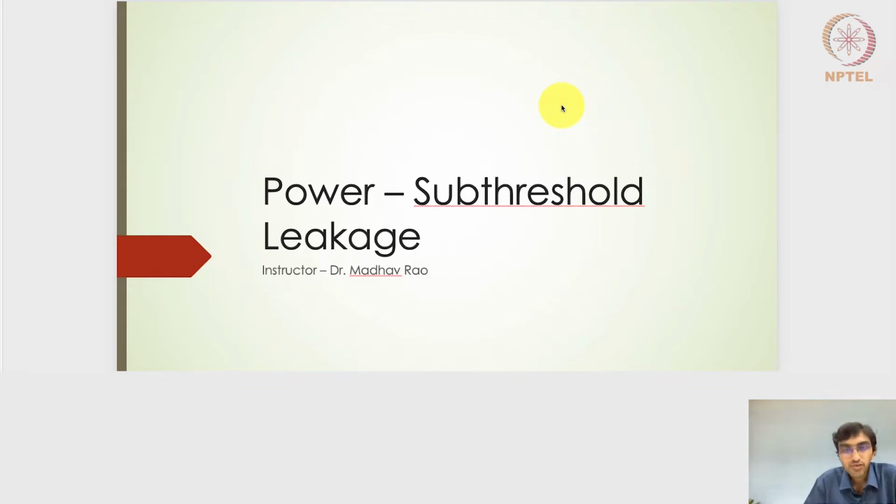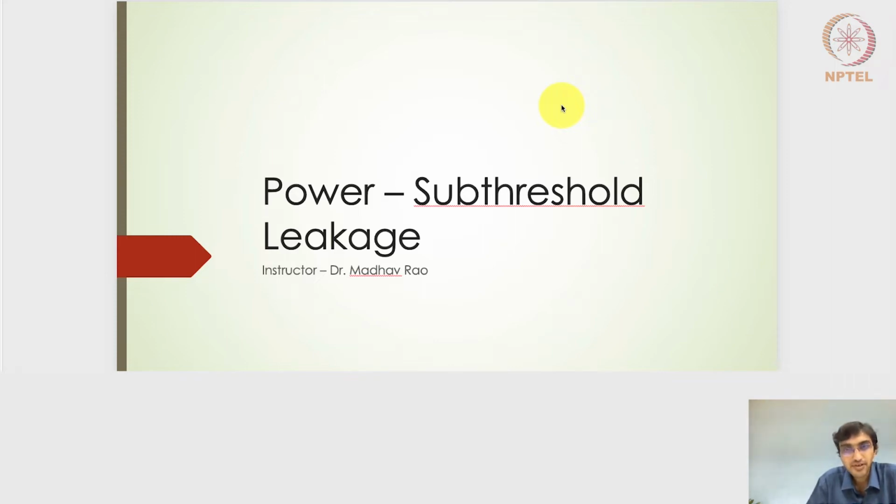So when we talk about power, it is not only about the dynamic power or the switching power, but it is also about the static power. In this module and in the subsequent modules, we will cover this aspect of power, which is also an important characteristic while we design digital circuits.